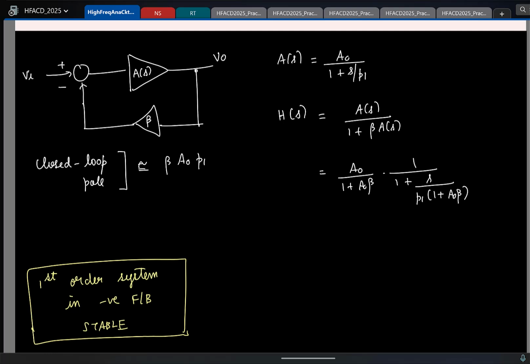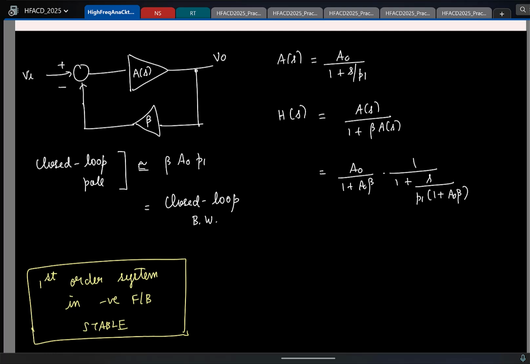For a first order system, the pole location is same as your 3 dB bandwidth. Is this okay? So this is in turn equal to your closed loop bandwidth. Okay. Is this okay?